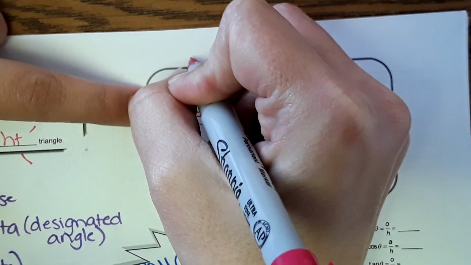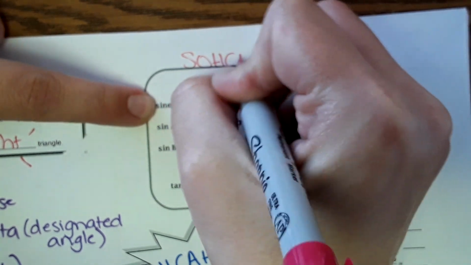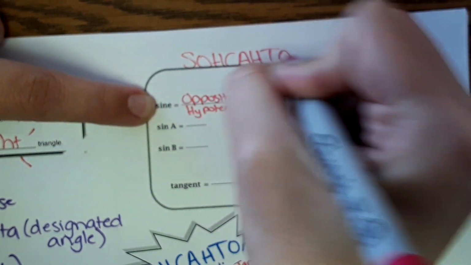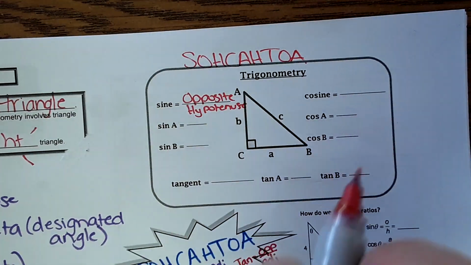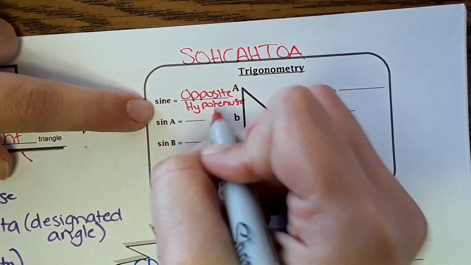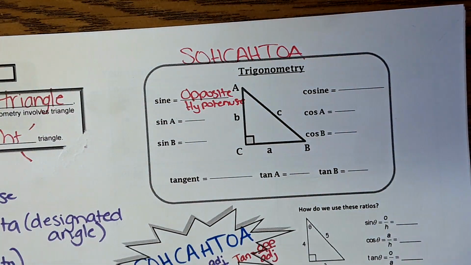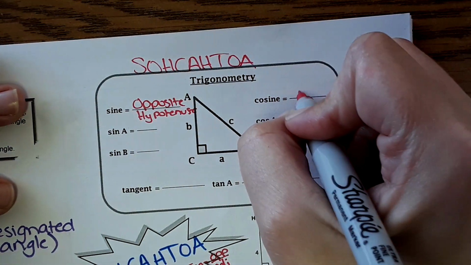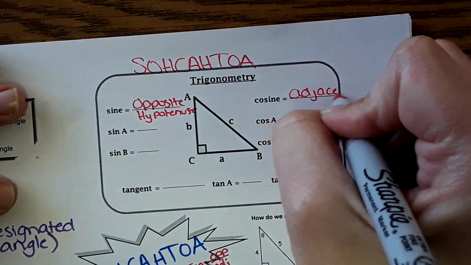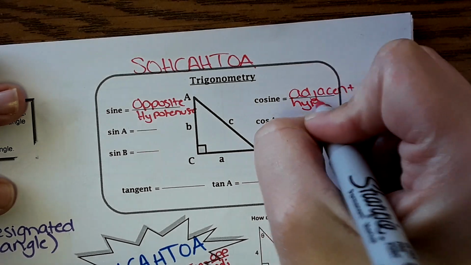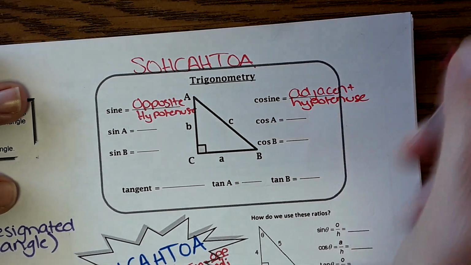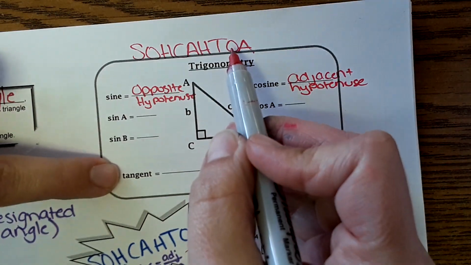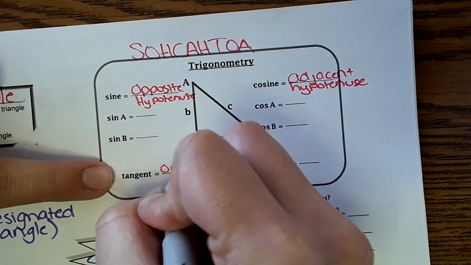And until this day, unless I write SOHCAHTOA on the top of my paper somewhere, I don't remember the actual ratios. It's all tied into that, SOHCAHTOA. So sine is opposite over hypotenuse. Cosine is adjacent over hypotenuse. And tangent is opposite over adjacent.